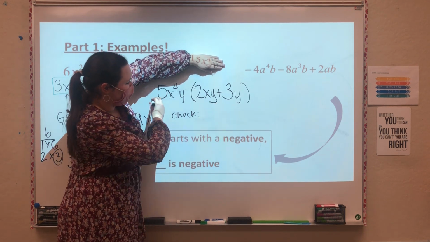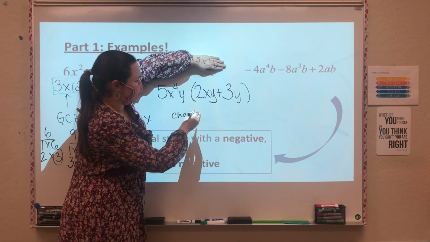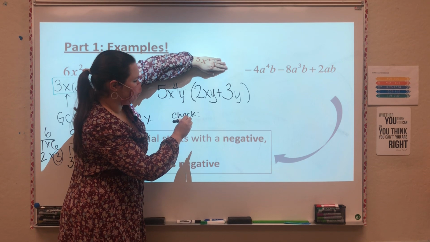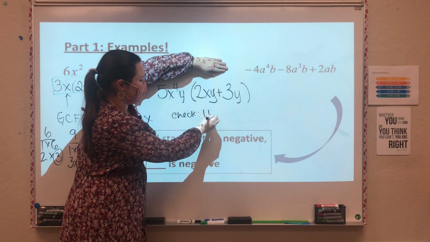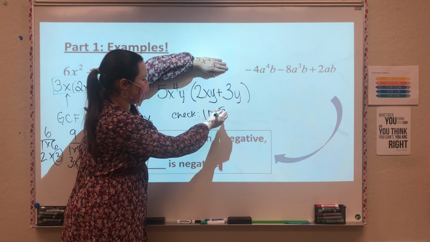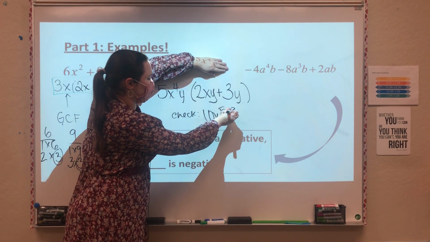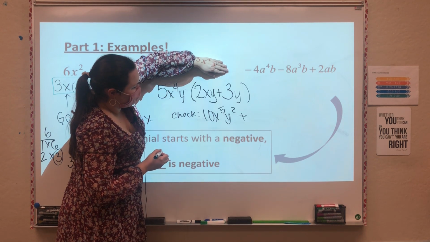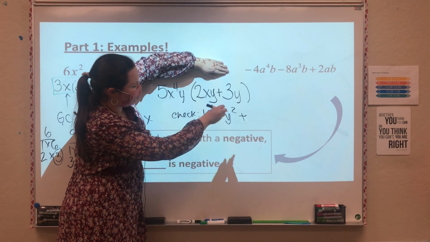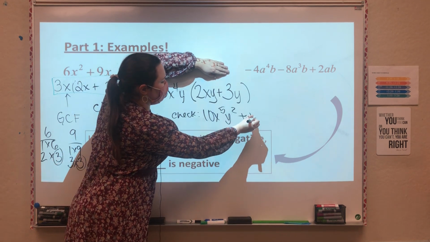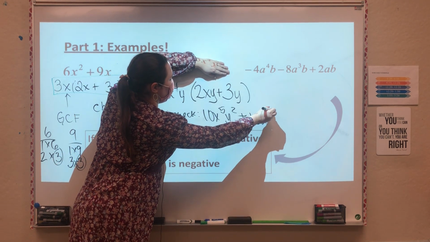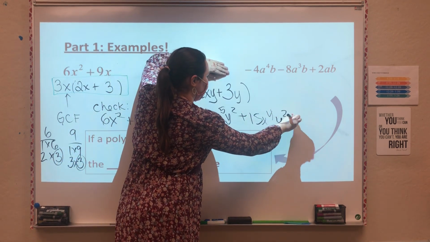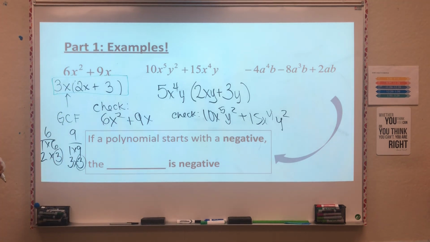Let's still check. 5x to the 4th y times 2xy would be 10x to the 5th, and then y to the 2nd, plus 5x to the 4th y times 3y would be 15x to the 4th y to the 2nd. So you've multiplied it. Let's check and see. Is that what we were looking for?